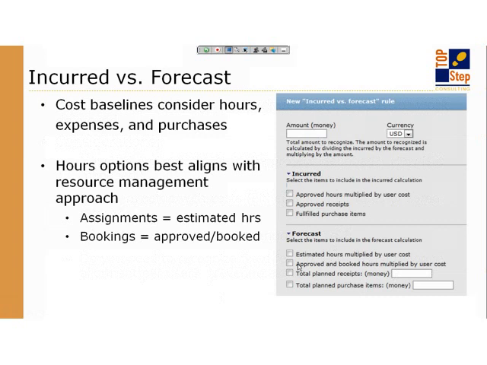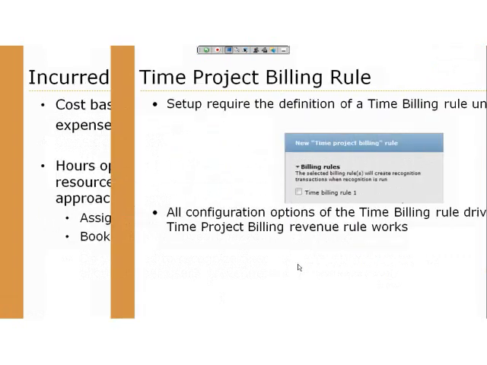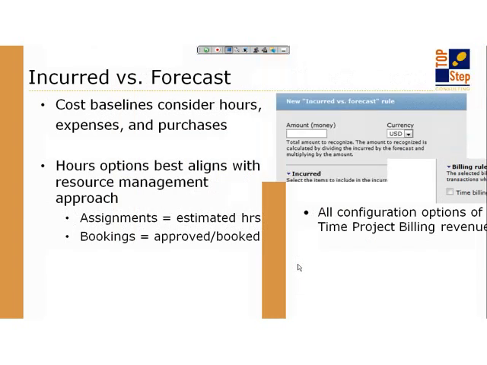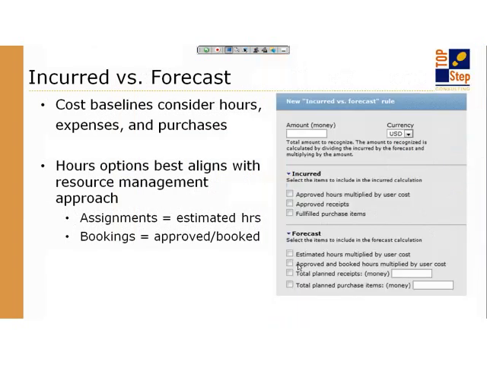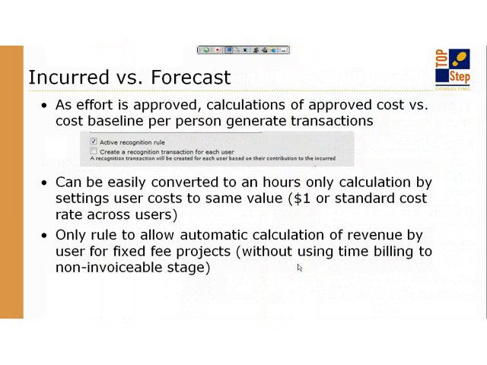The timesheet cost from approved hours divided by the plan of effort from the bookings cost, which is also the user cost, gives me my percent complete, which then multiplies by the money. As effort is approved, the approved cost and the cost baselines per person generate transactions.